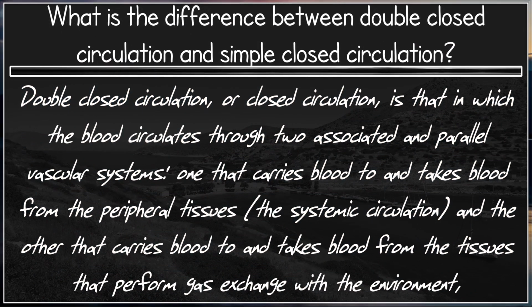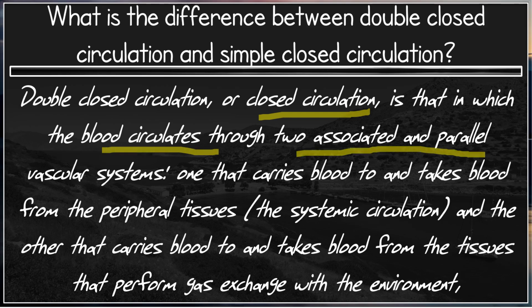Double closed circulation is that in which the blood circulates through 2 associated or parallel vascular systems.